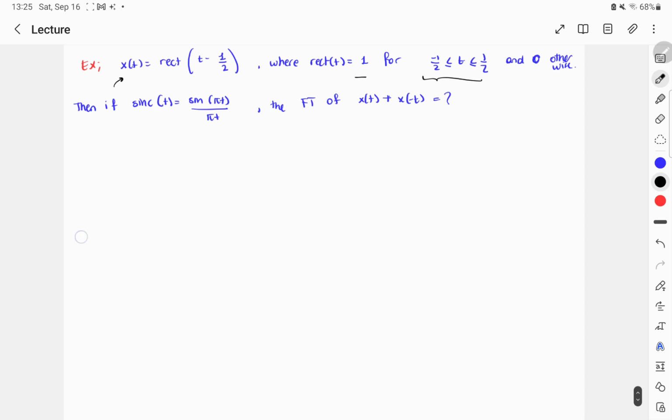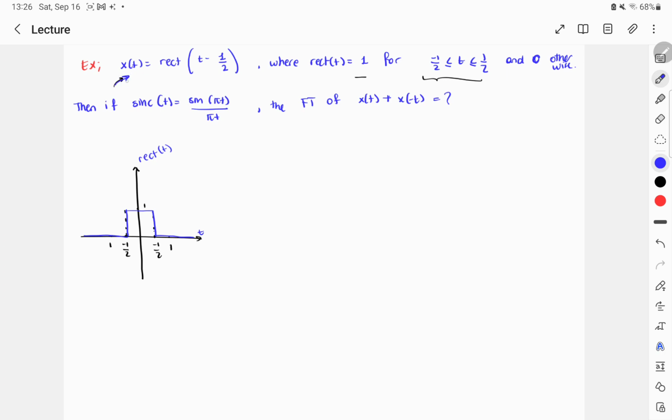So let me just write the rectangle function as it is written here, from minus 1 over 2 to 1 over 2, with value 1. Here we have the rectangular function like this. And then what do we do?